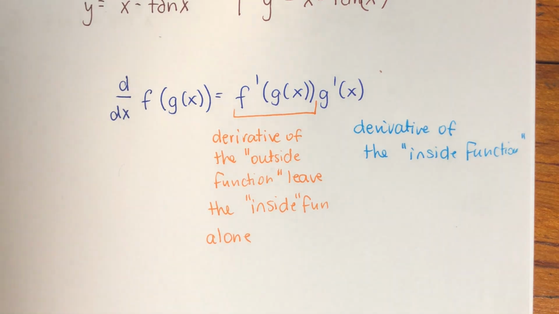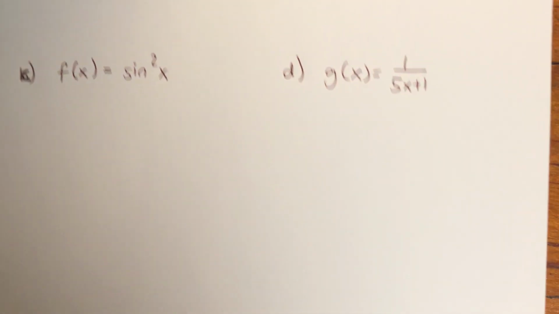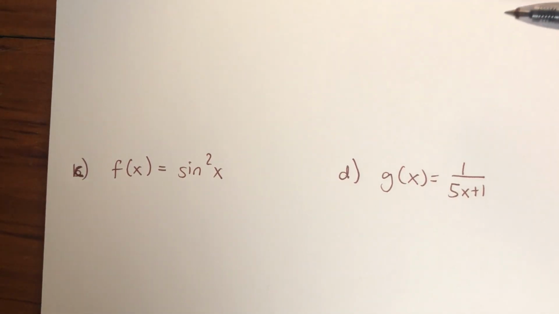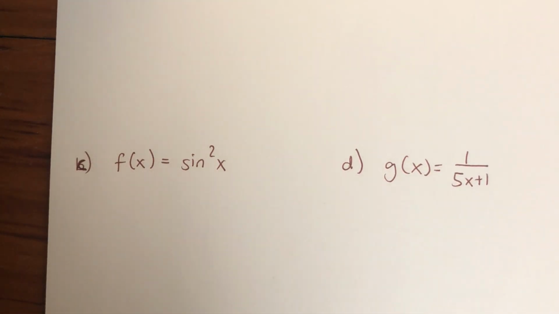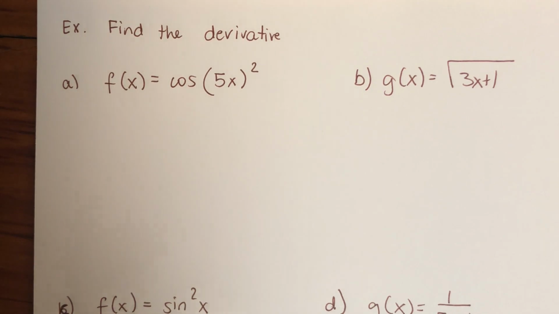So let's look at some fairly basic examples that will include the trig, and then we are going to go back to chain rule in general. So let's see, my first example is cosine of 5x, and that is squared.